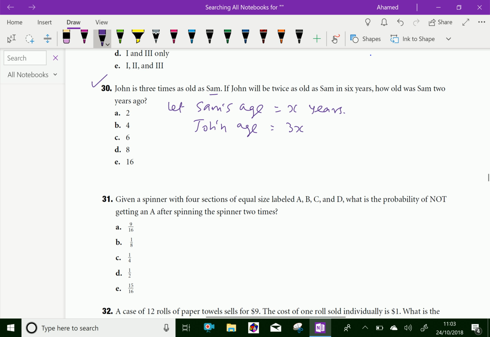Now, John will be twice as old as Sam in 6 years.